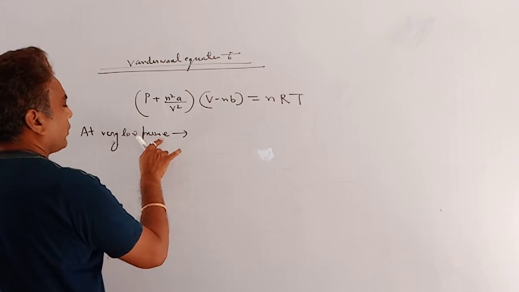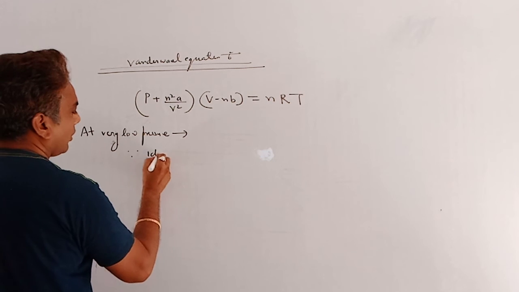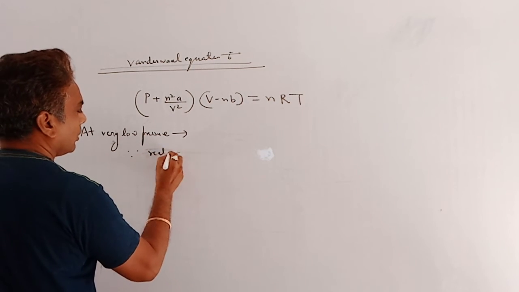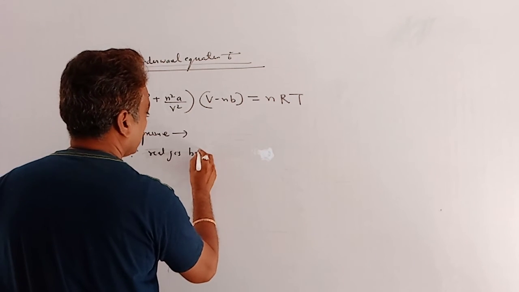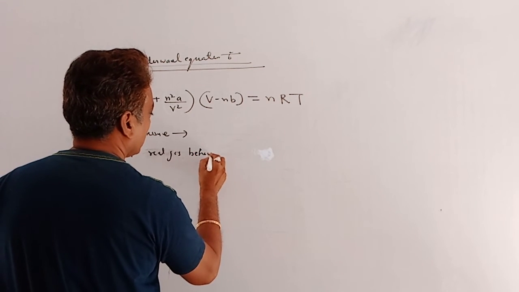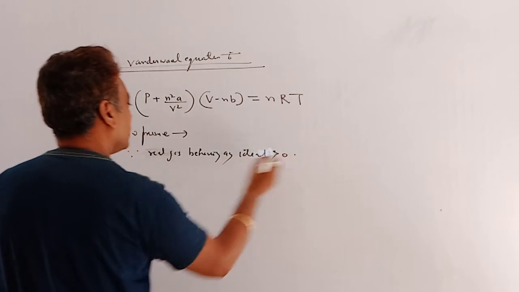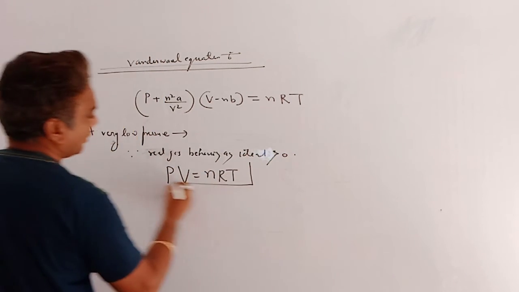At very low pressure, since real gas behaves as ideal, we have PV = nRT.